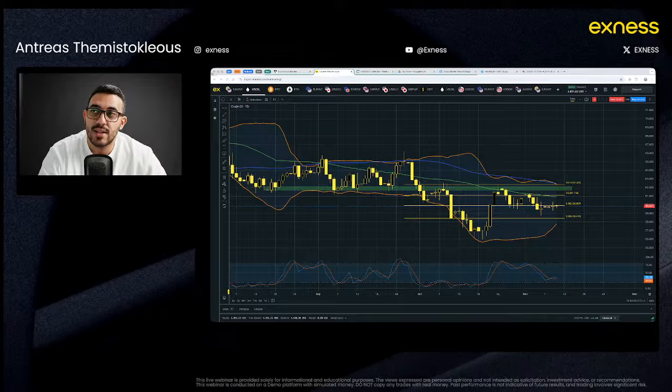Then it tried to go below that, it failed, and then bounced back up, which was also the floor of that specific candlestick, let's say on 20th of October. Even intraday, the price failed to break below this level, and then we had a massive bearish pressure, and then we had the correction phase.